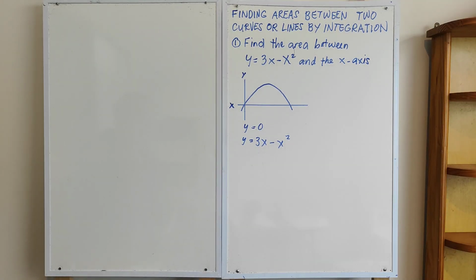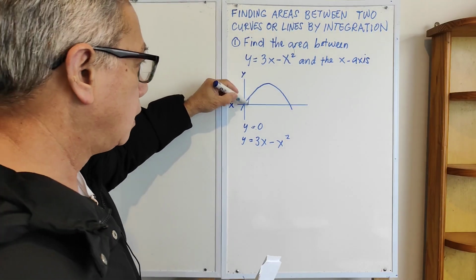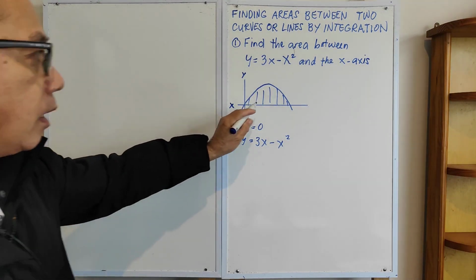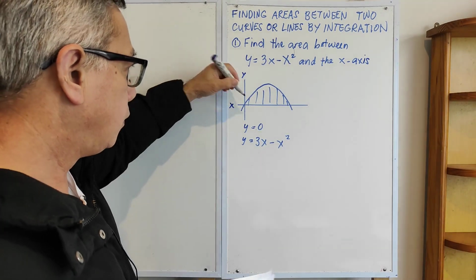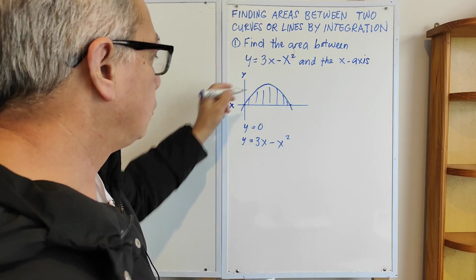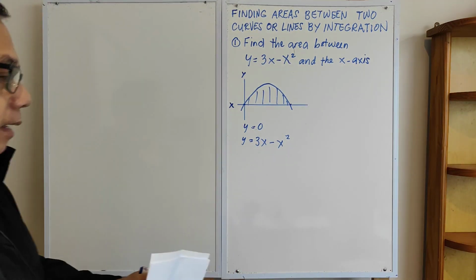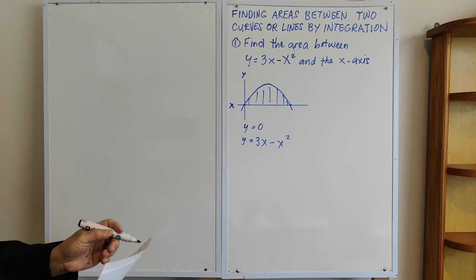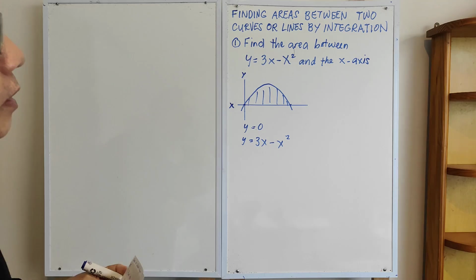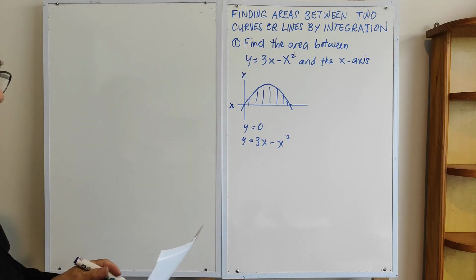Now we want to get this area. Before we find the area, we need to get the point of intersection between the two equations. I have a video on finding the point of intersection of lines and curves.